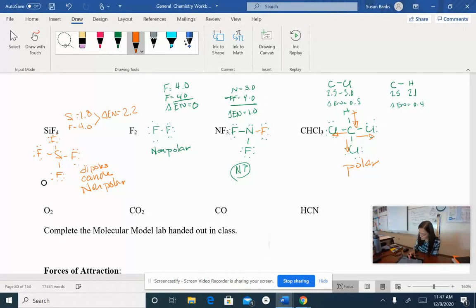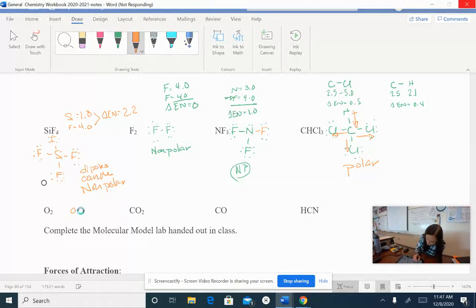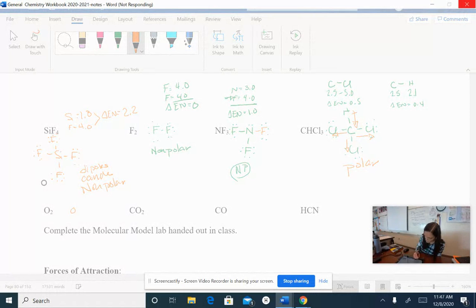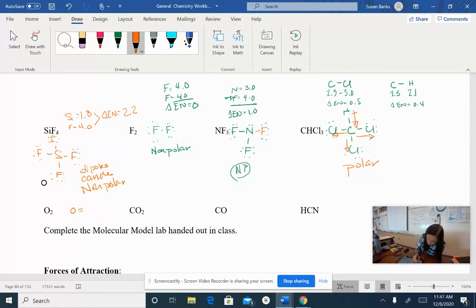Okay? A few more examples. Okay, oxygen. We have oxygen double bonded to itself. Now, the electronegativity of oxygen is 3.5, and both of them are 3.5.